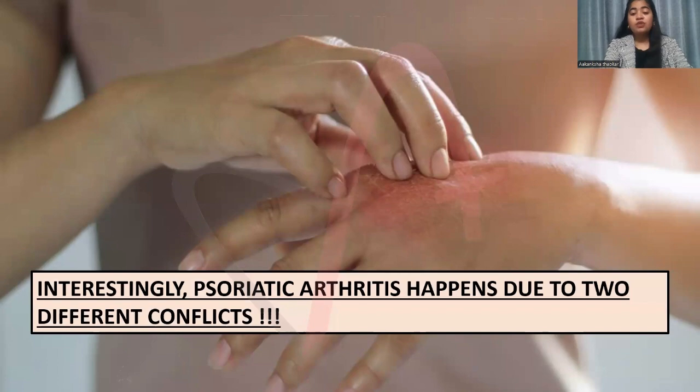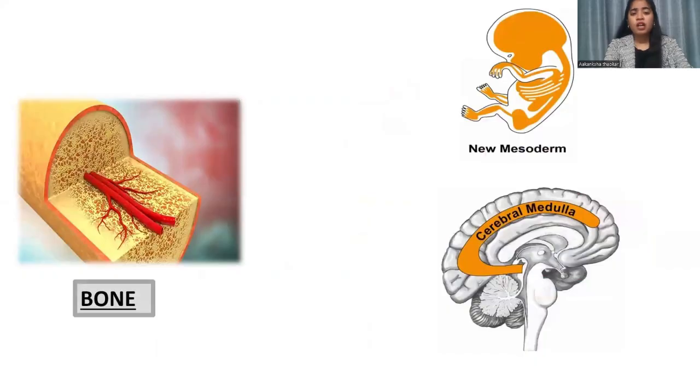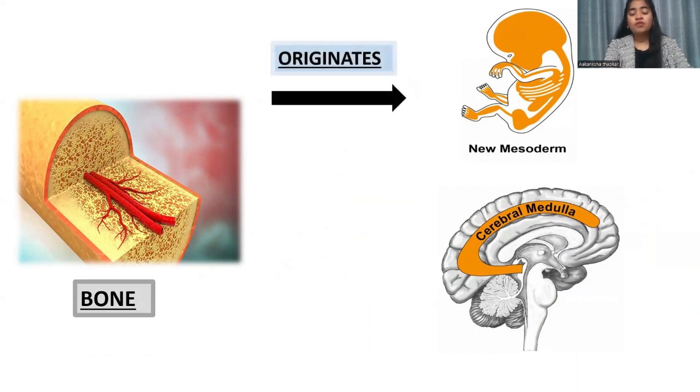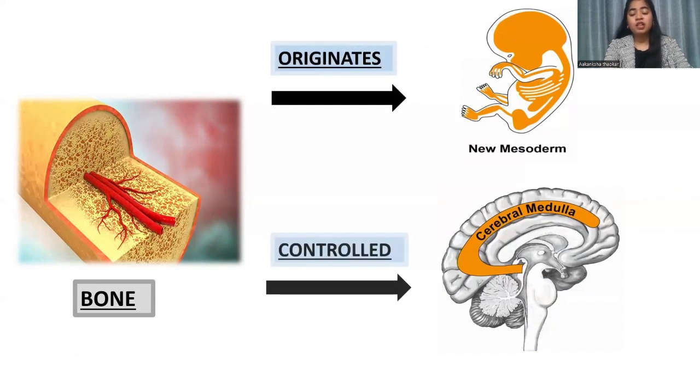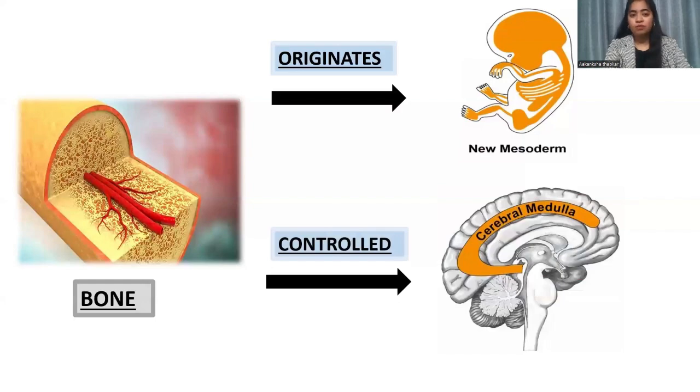Now, interestingly, psoriatic arthritis happens due to two different conflicts. For understanding the second conflict, which leads to psoriatic arthritis, let us have an overview of bone. Bone originates from the new mesoderm and it is controlled by the cerebral medulla.